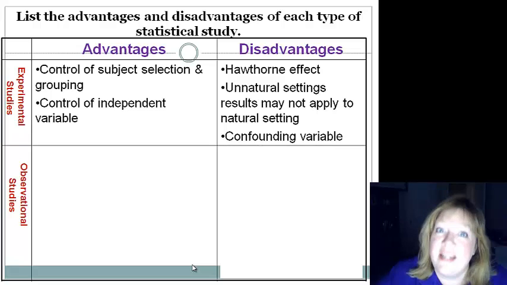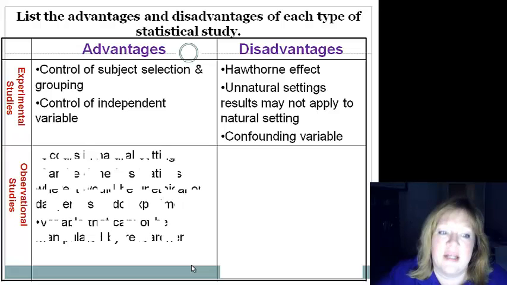It's in an unnatural setting, which may or may not apply to the natural setting. So, for example, when they do mouthwashes and they say they kill 1 million germs, well, that's in a test tube, but perhaps in your mouth, they don't kill as many germs. Confounding variable. These are things that could happen that the subjects do that could mess with your study.